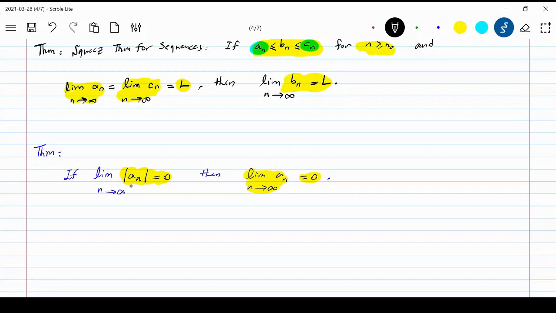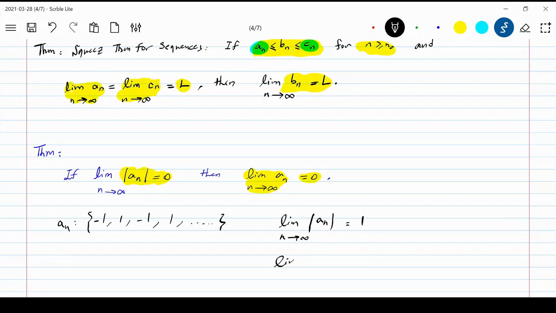So make sure that if you're looking at something like -1, 1, -1, 1, if you're looking at this sequence, we call this an, then the limit of the absolute value of an as n approaches infinity would be simply 1, because whatever you put in, you'll get 1 as the result.